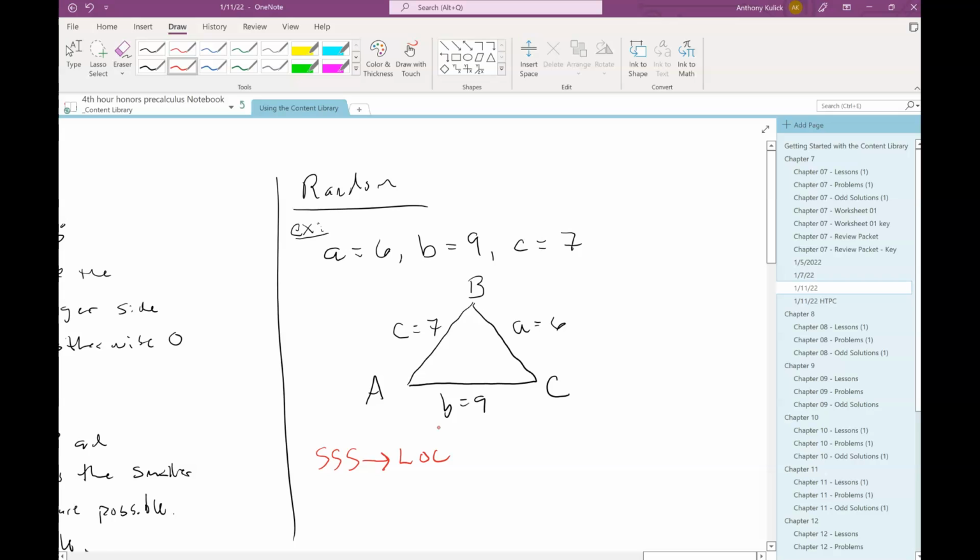But before we dive into using the law of cosines, what do we need to check first? If there's even a triangle possible, right? What's the check here that we need to do? We need to check to make sure the sum of the two legs is greater than the hypotenuse.